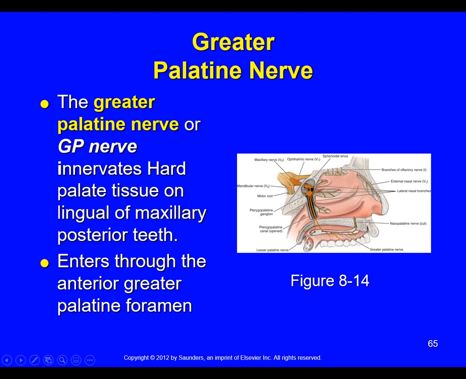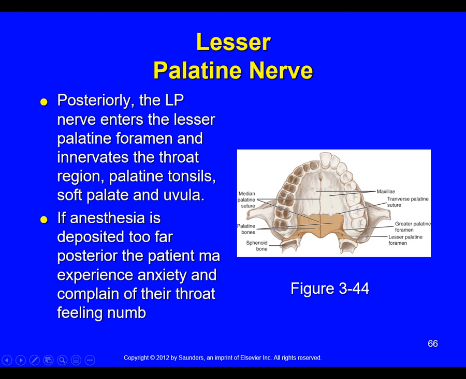The greater palatine nerve enters through the greater palatine foramen, and it innervates the hard palate tissue on the lingual of the maxillary posterior teeth. The lesser palatine nerve enters the lesser palatine foramen and innervates the throat region, palatine tonsil, soft palate, and uvula.